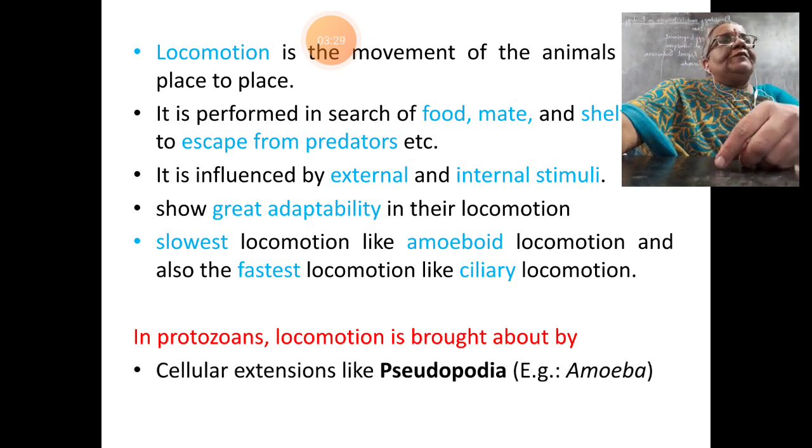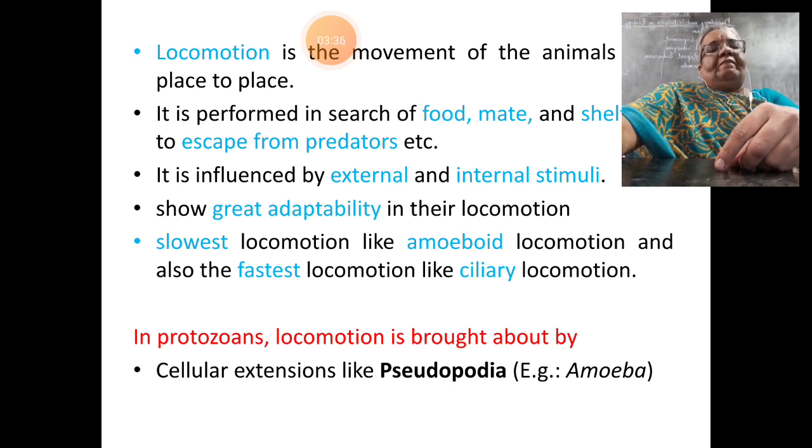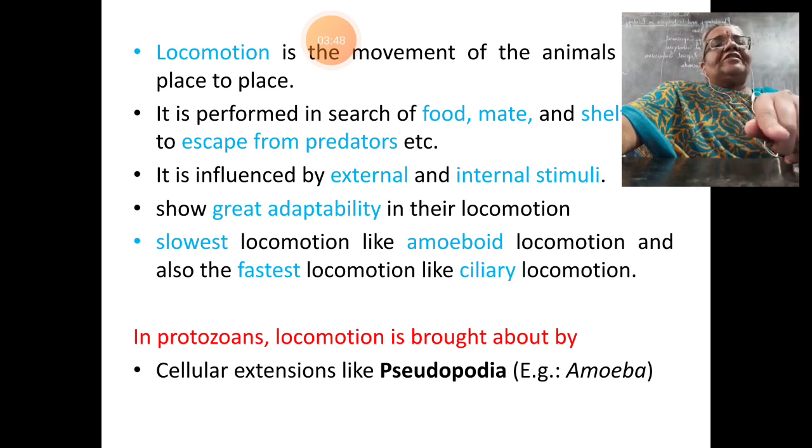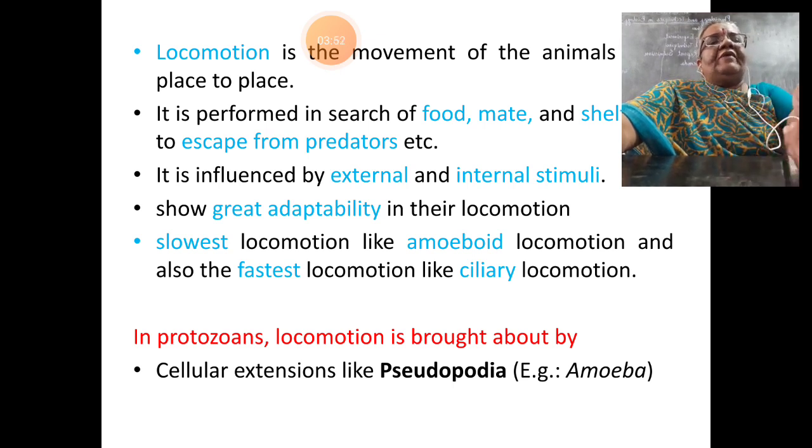In protozoans, as I was telling you, locomotion is brought about by different organelles. One such is cellular extensions. Please note, the entire body is nothing but a single cell. So, cellular extensions like pseudopodia, which are formed in amoeba.